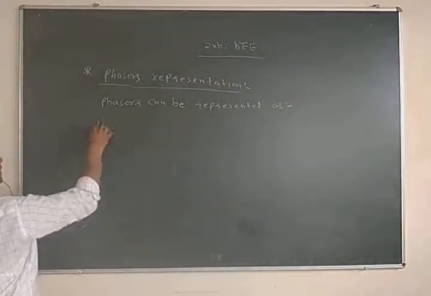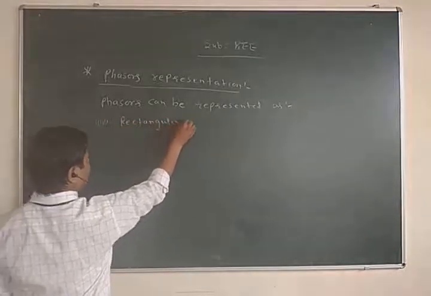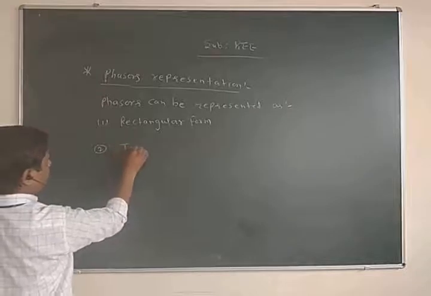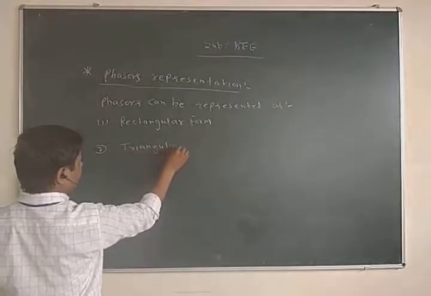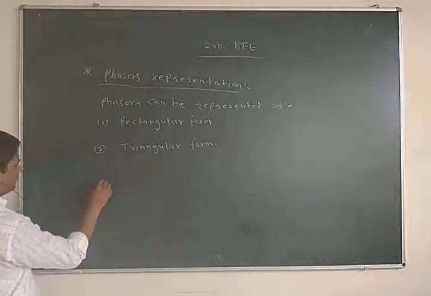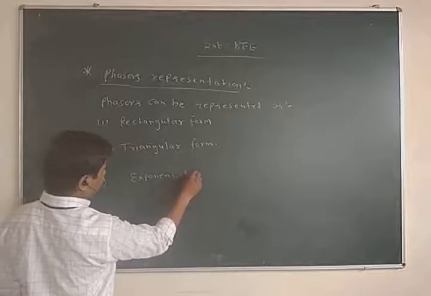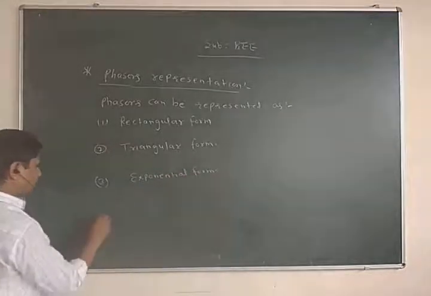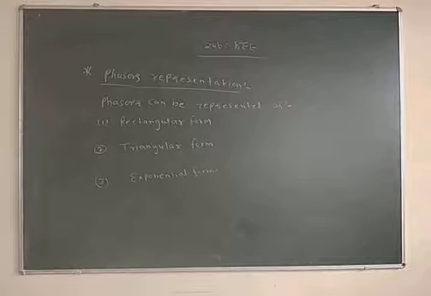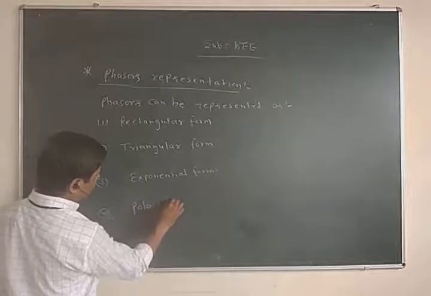one is rectangular form, second is trigonometric form, third is exponential form, and fourth is polar form.